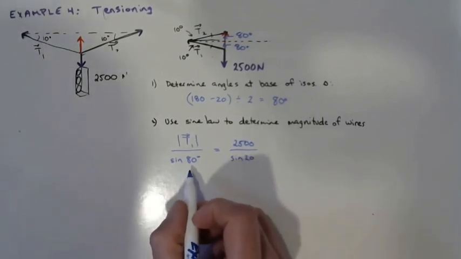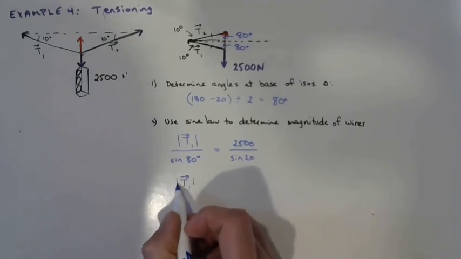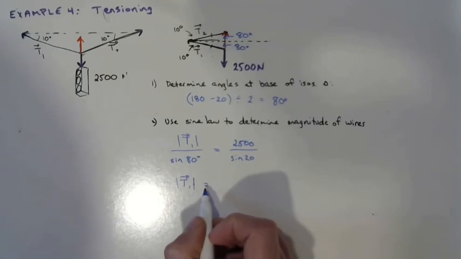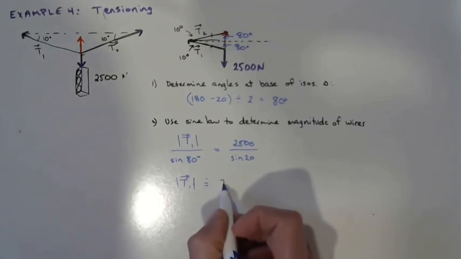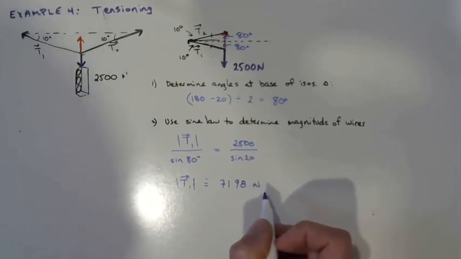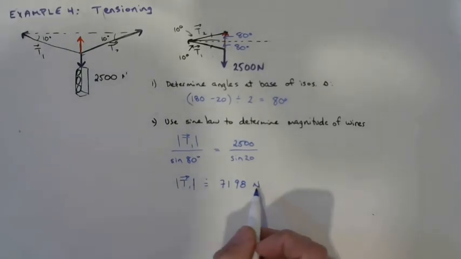We multiply both sides by the sine of 80, and we get the magnitude of T1 is approximately 7,198 newtons. That's approximately 7,200 newtons, which is good enough.